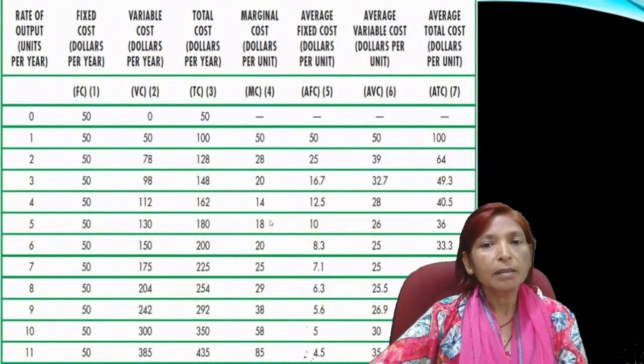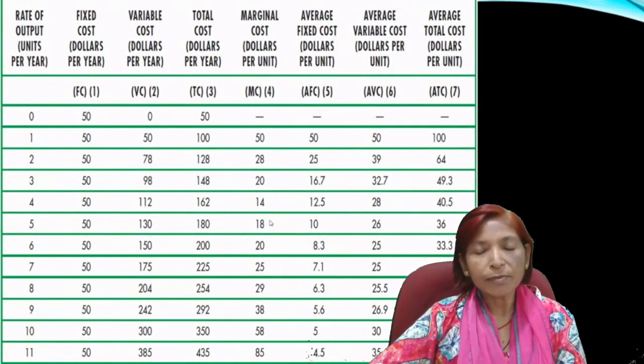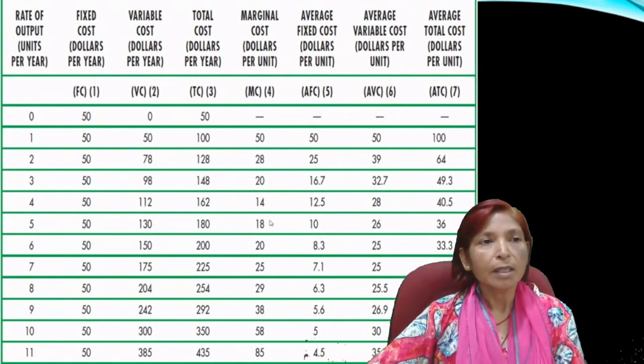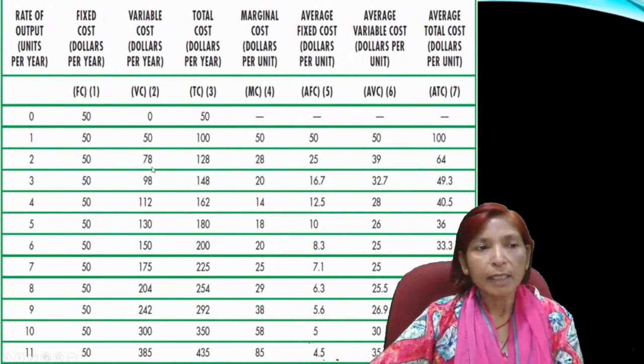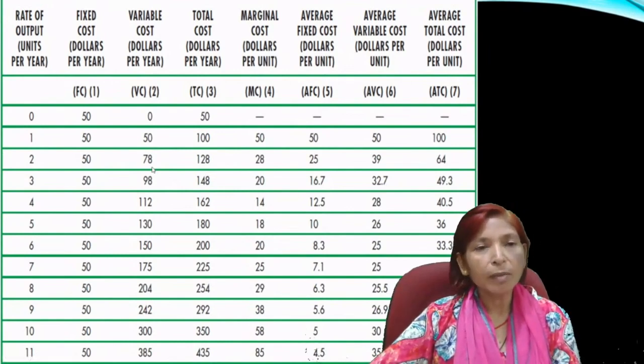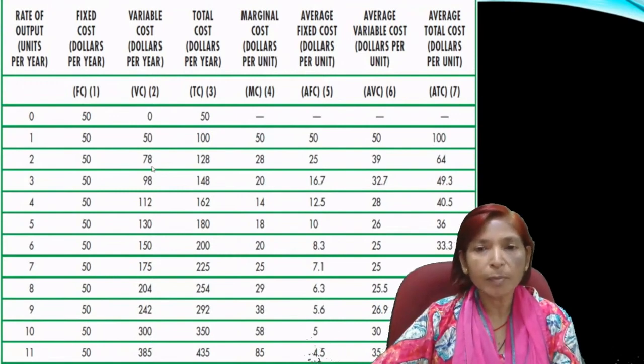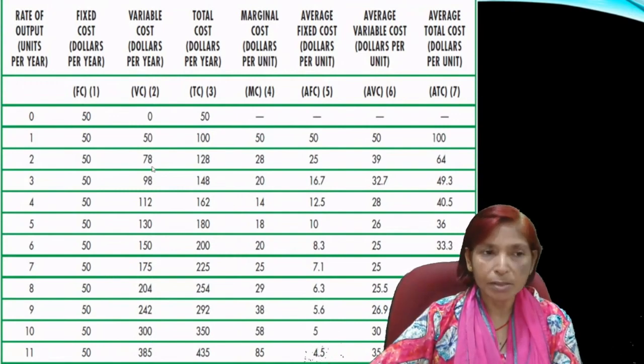Now this is the table of different types of cost, and how we can calculate it. You know that there are different types of short-run cost like total fixed cost, total variable cost, total cost, marginal cost, average fixed cost, average variable cost, and average cost.